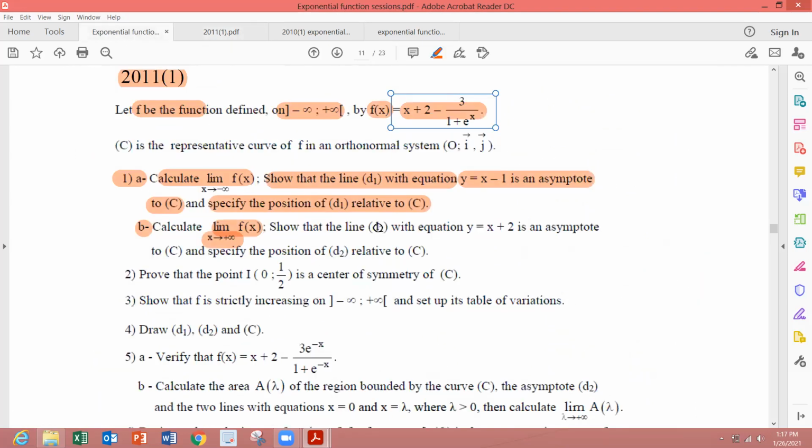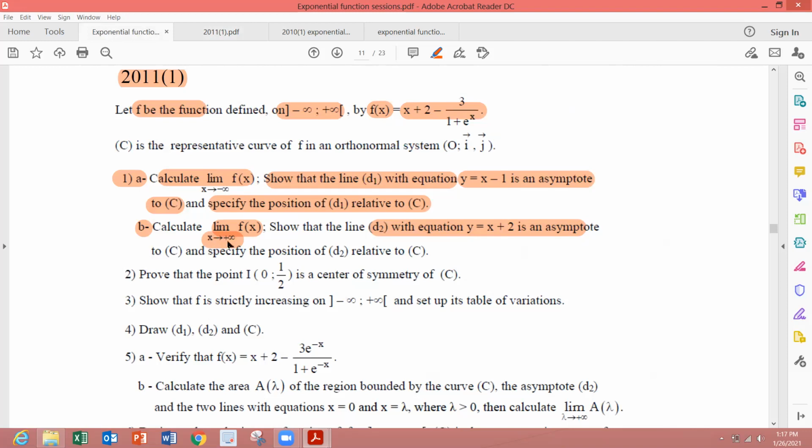And show that the line D2 with the equation y equals x plus 2 is an asymptote to C. In the same way, here we notice that we have two oblique asymptotes. The line D2 with the equation y equals x plus 2 is an oblique asymptote.